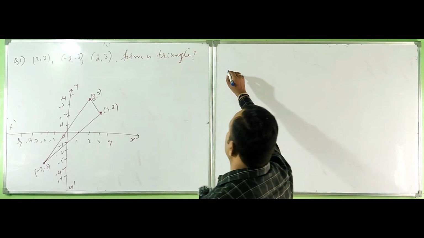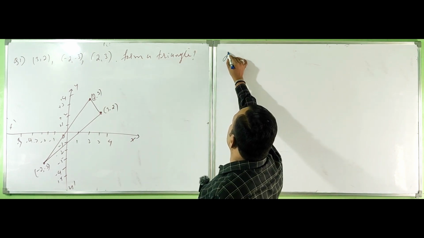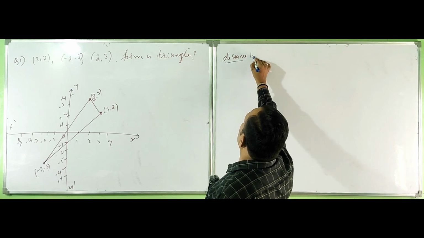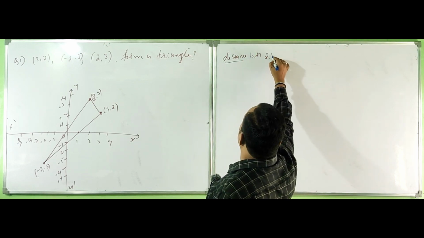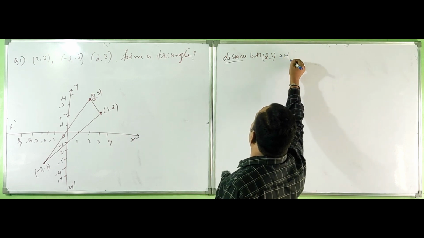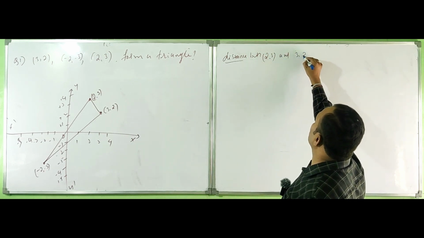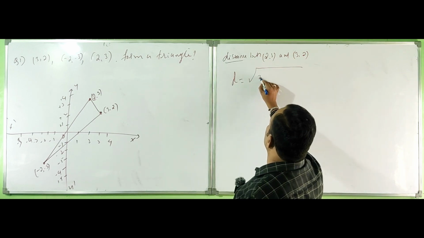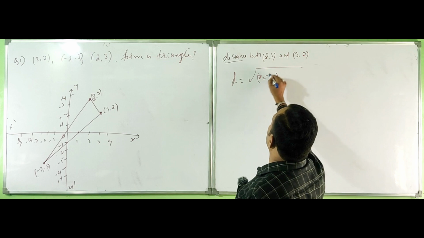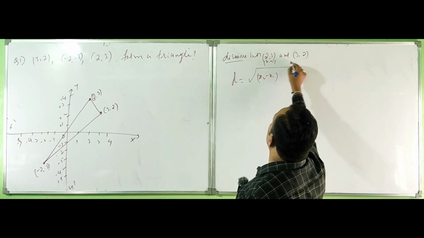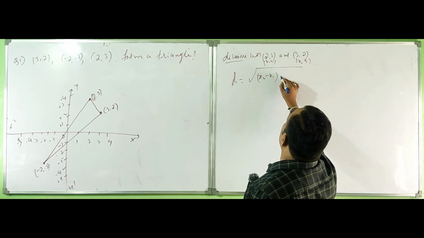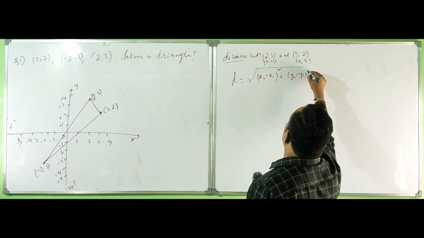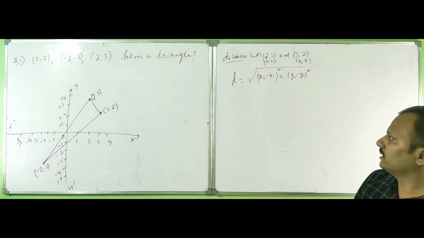Let's find the distance between 2, 3 and 3, 2. What is the formula? d is equal to square root of x2 minus x1 whole square plus y2 minus y1 whole square, where these are x1, y1, x2, y2.